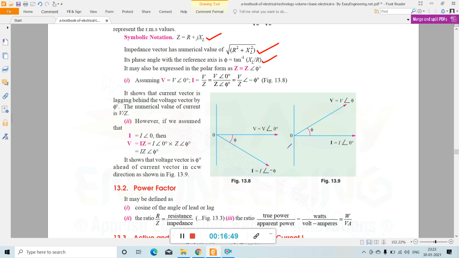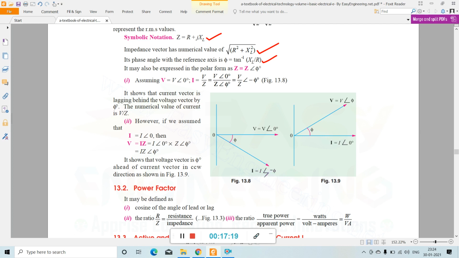This is the phasor diagram drawn here. See, this is V equal to V angle 0. If this is the reference, then I is drawn at an angle phi. I is lagging behind voltage by an angle phi. So I is equal to I angle minus phi.